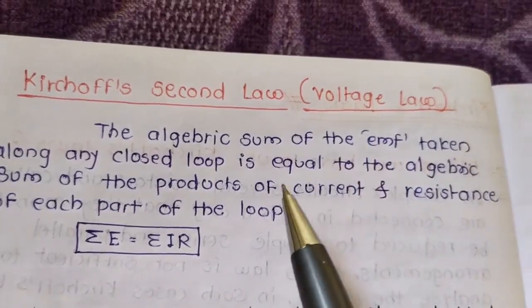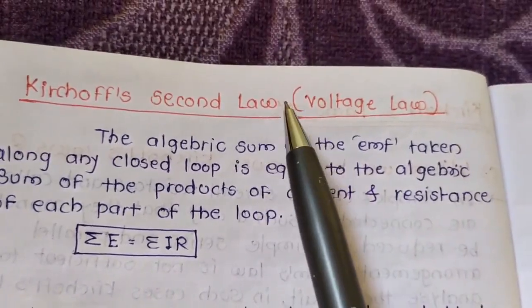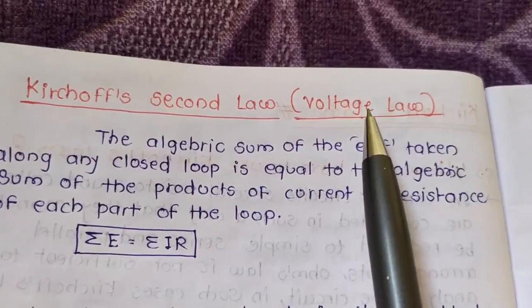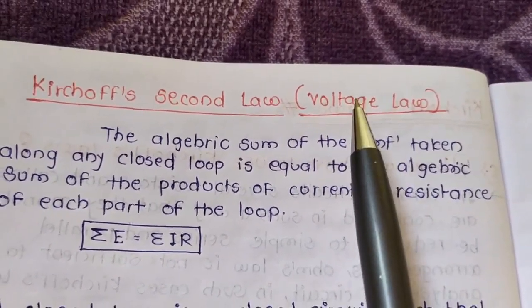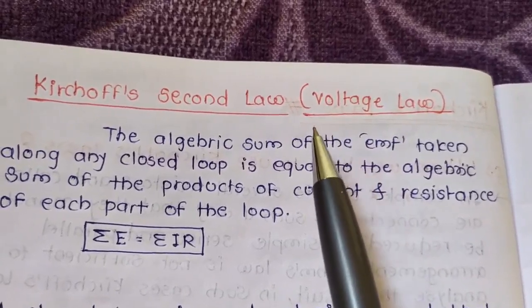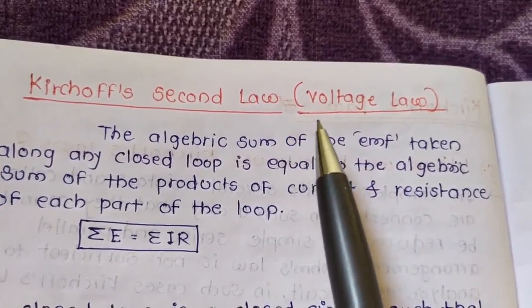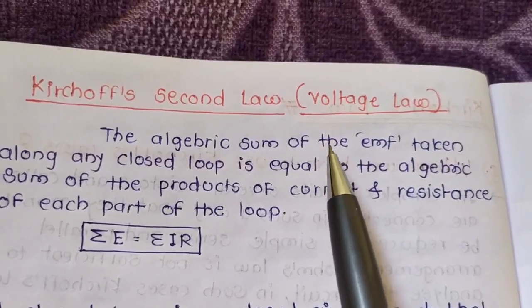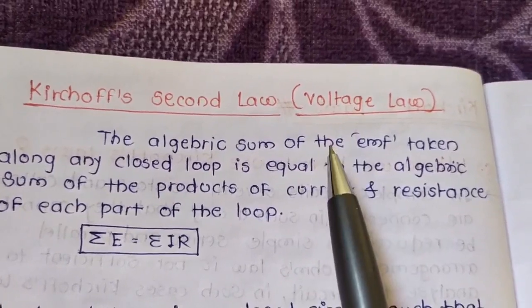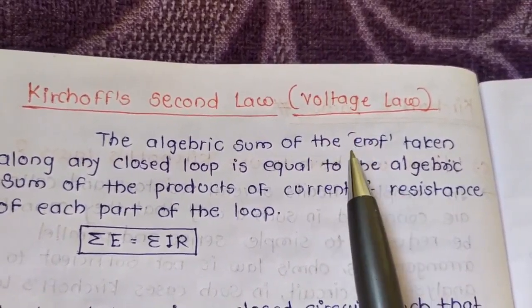Hence, we can say that KVL, Kirchhoff's voltage law or mesh law, is applicable only for closed, looped circuits, not for distributed circuits. But Ohm's law is applicable for both.